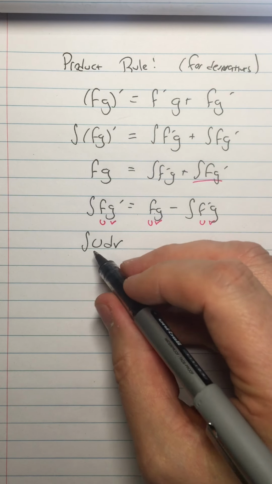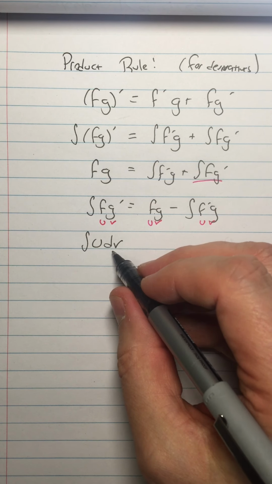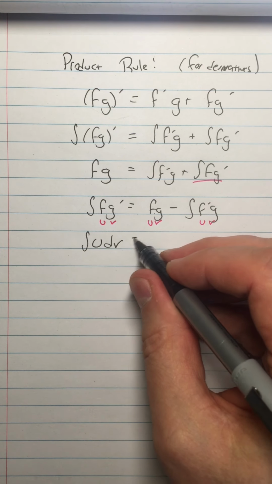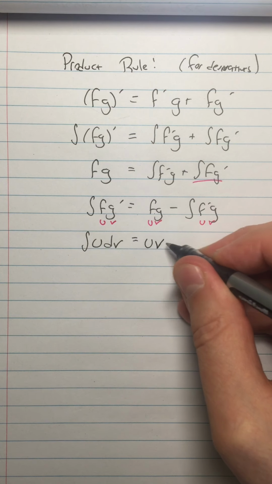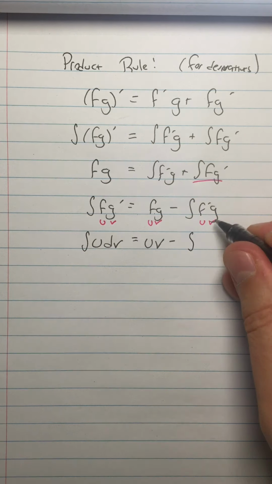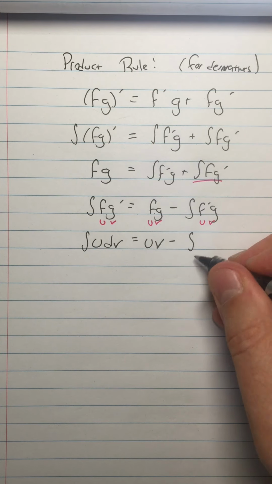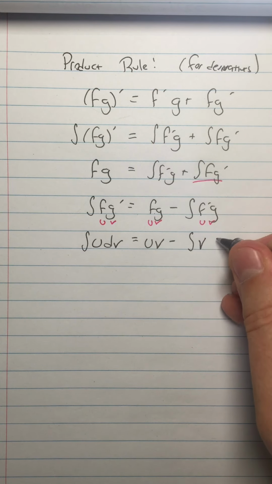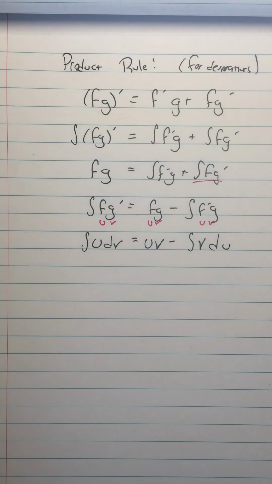All right? So that means the product of a function and the derivative of another function. And we say that that's equal to uv minus the integral of, this is v, we're going to put it first, and this is the derivative of u, so we're going to put it as du.